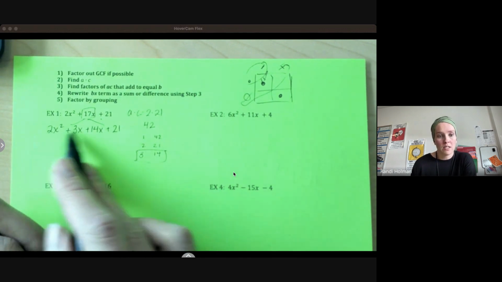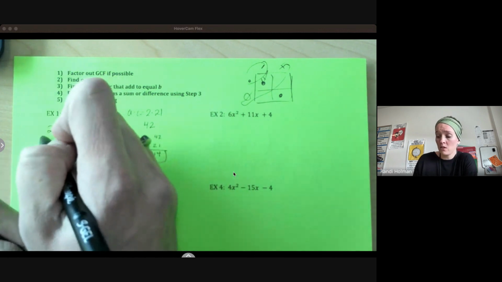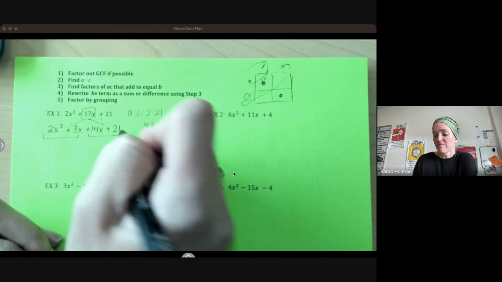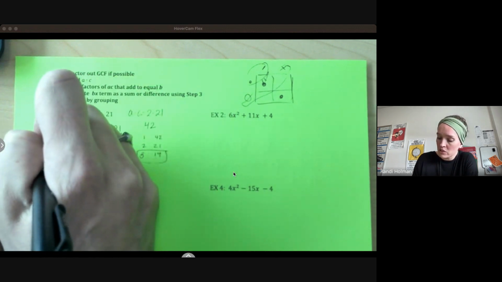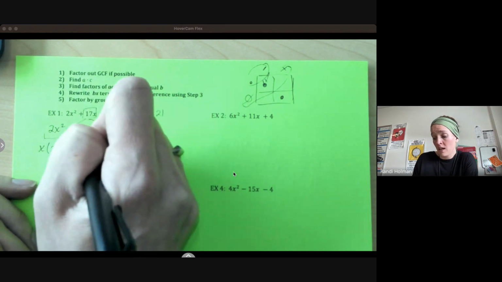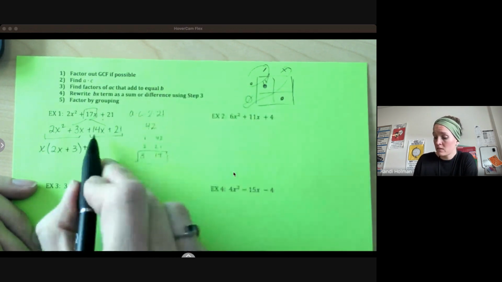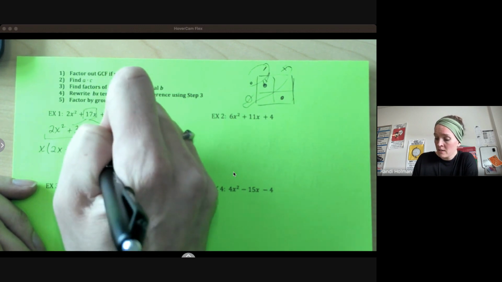Why that helps us is now we have four terms, and if you have four terms, you can do greatest common factor and grouping. So if we have those two and those two, then we're going to look for our greatest common factor. These first two is just x. And then plus greatest common factor here is 7.